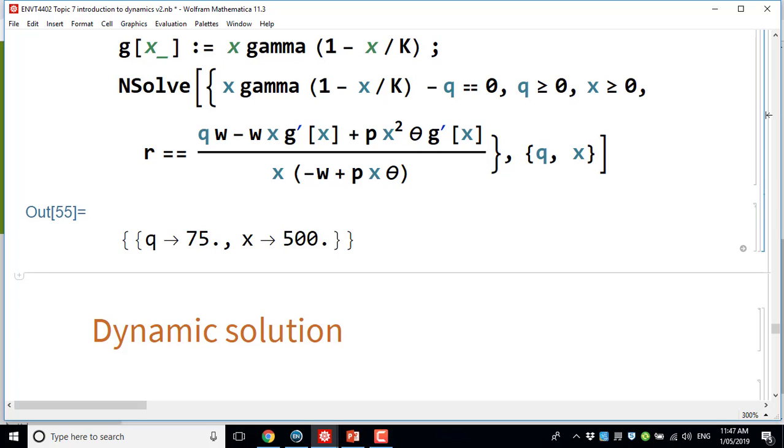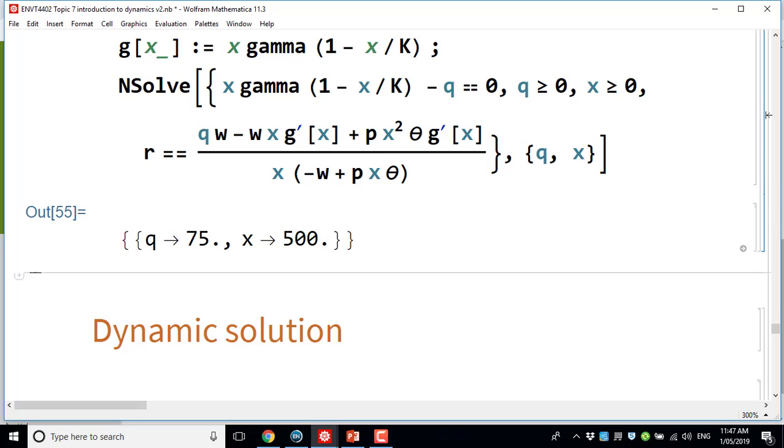So I'll just do a quick diagram of what's going on. So we've got growth in this fishery at the moment. Then the carrying capacity is 1,000.